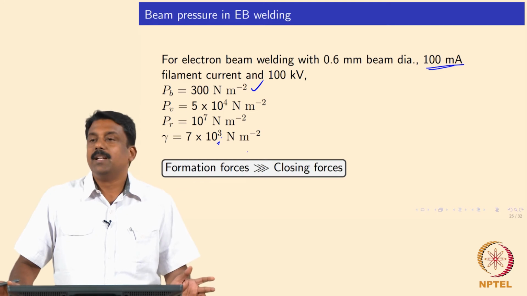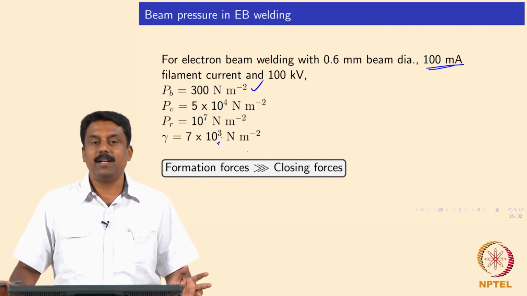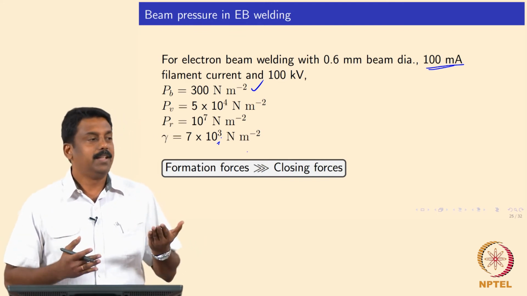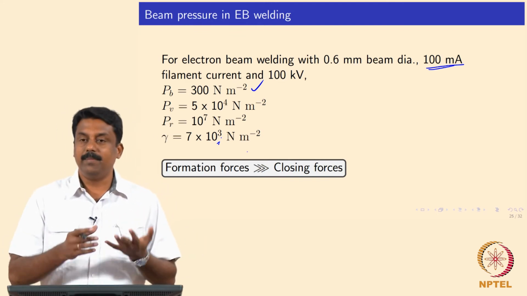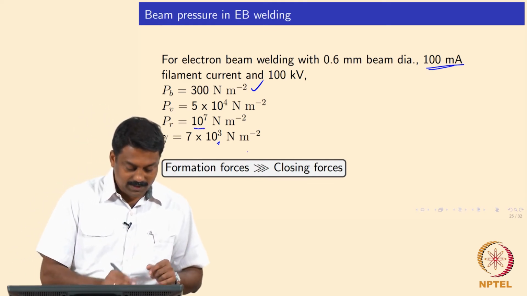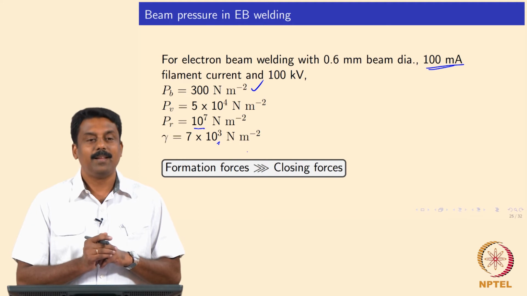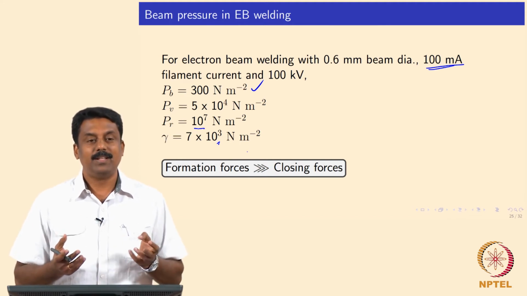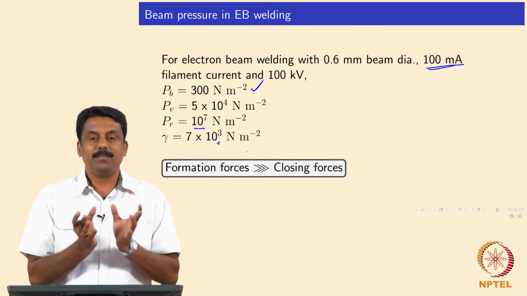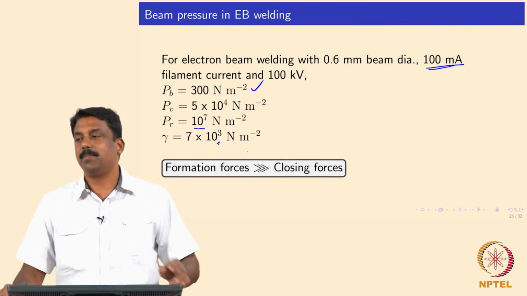So, the surface tension and gravity which are trying to close the keyhole are negligible compared to the pressure we have in the beam, the vapor pressure and the recoil pressure. The recoil pressure you see is 10⁻⁷ Newton per meter square. Okay. So, huge, because of the vapor that is pushed from the weld metal to the atmosphere.